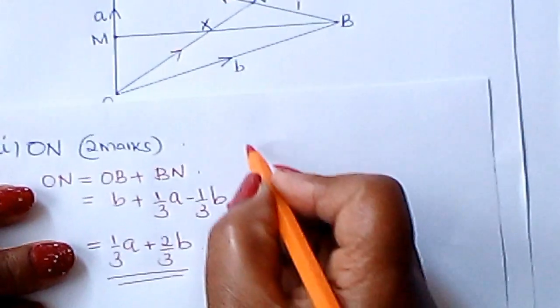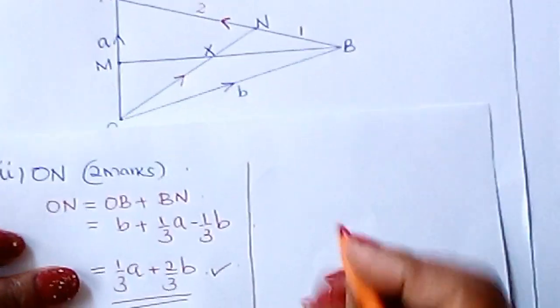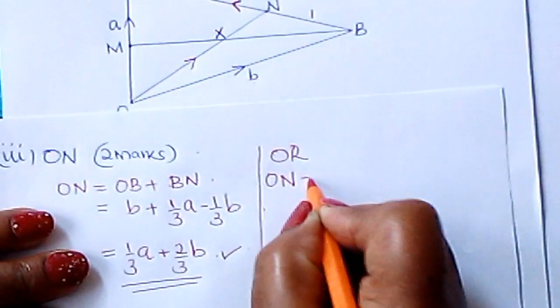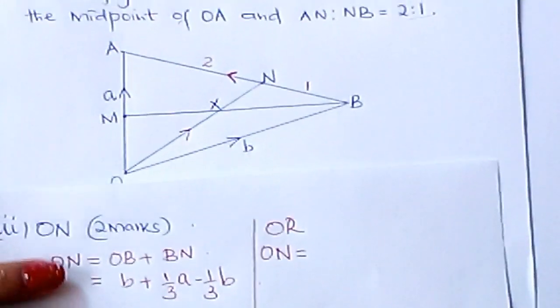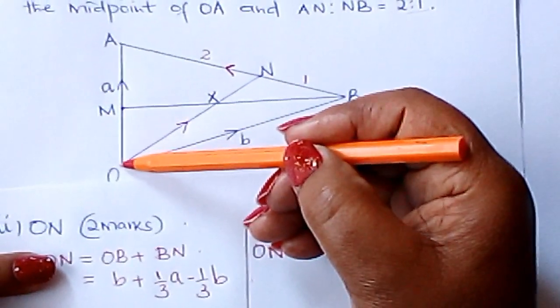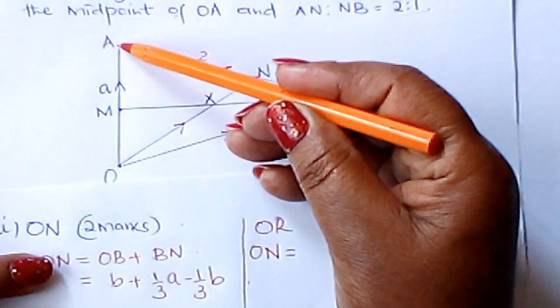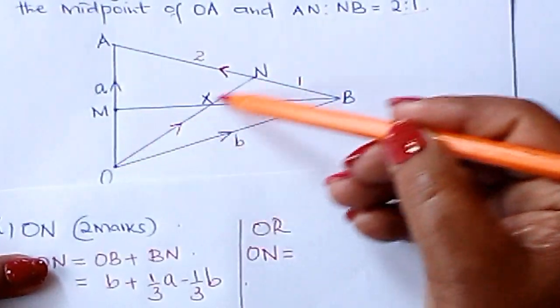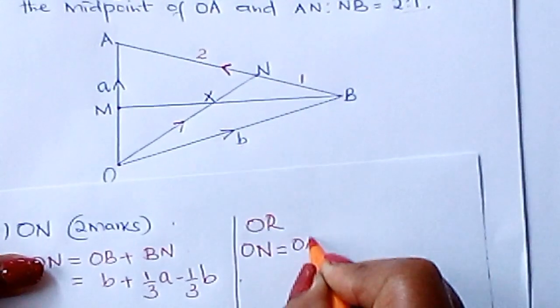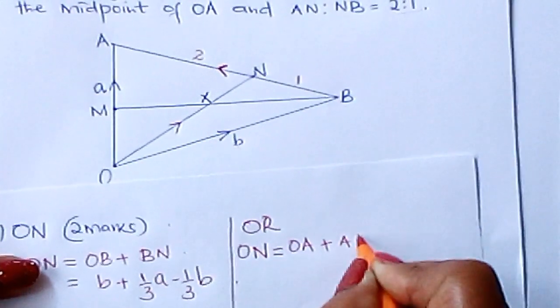Alternatively, Lana, you can use this other route. For the sake of understanding, ON, you can as well follow this route, is equals to OA plus AN.